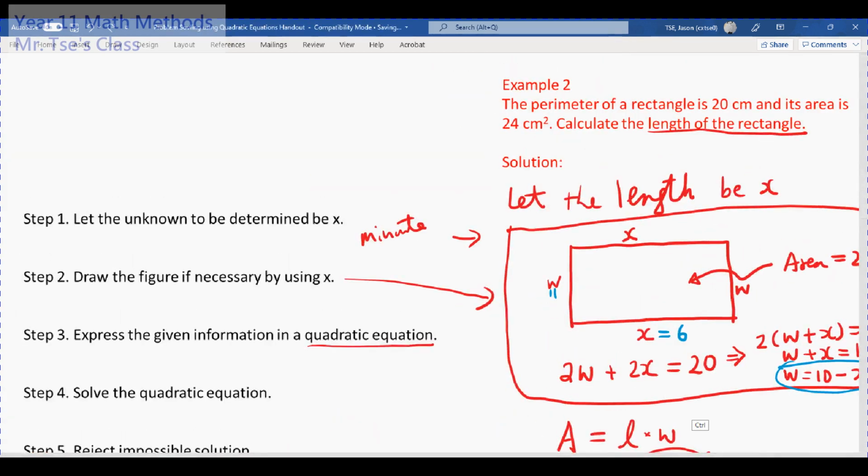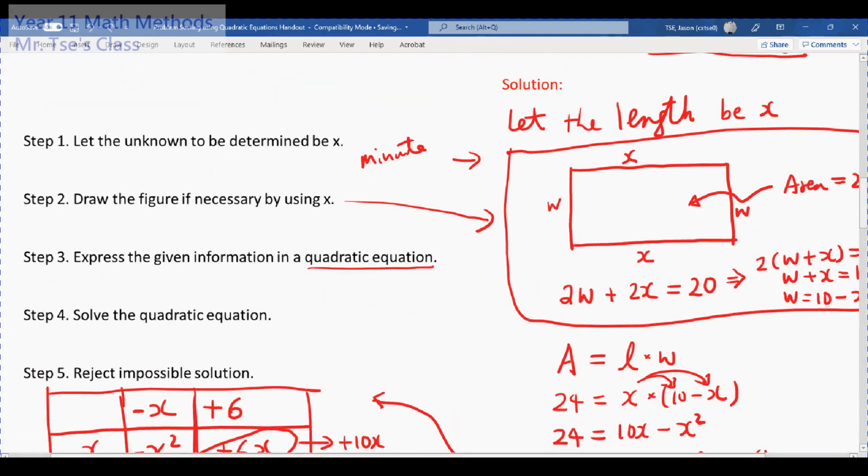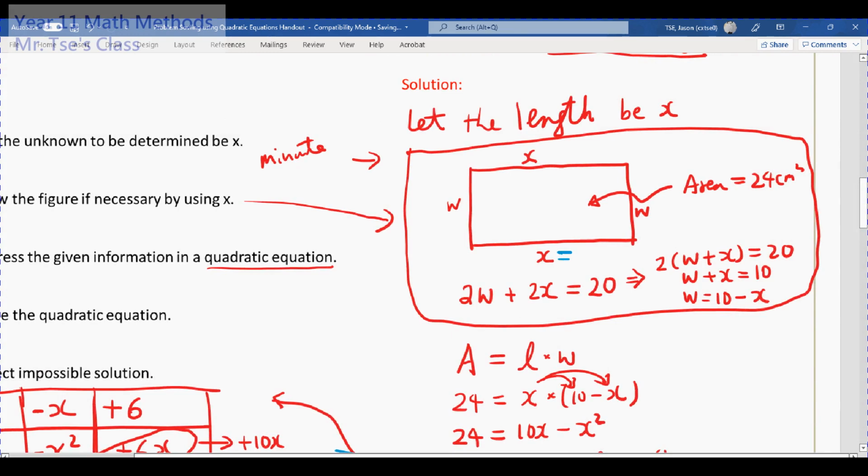But how about, because we have another answer which is x equals 4, then let's see what happens. When x equals 4, according to this equation, 10 minus x equals w, so w equals 6. So here's the problem, because when we say length, it should be longer than width, right?